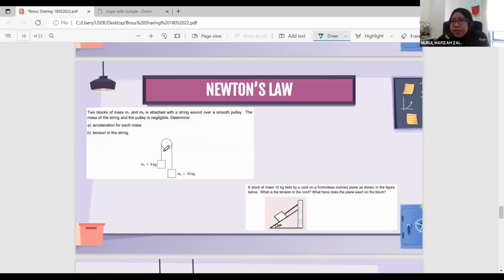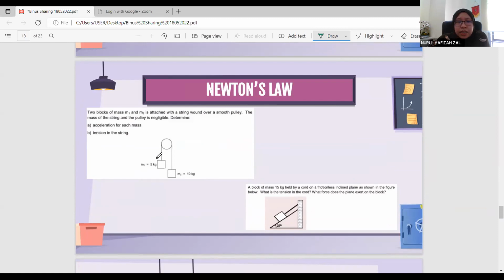You have a pulley system, you have two boxes. What is the acceleration? What is the tension in the string? You have a tension force because there is a string, a rope.